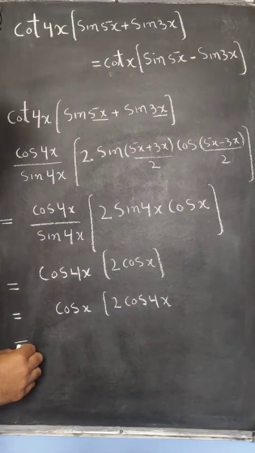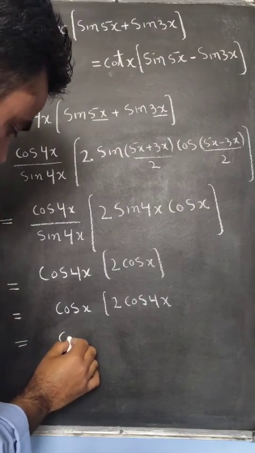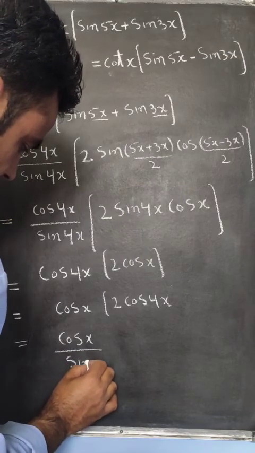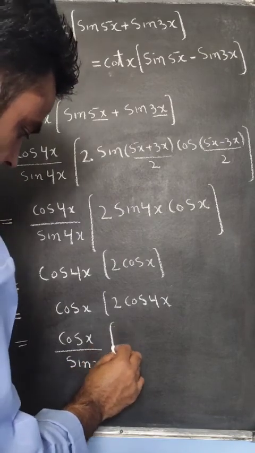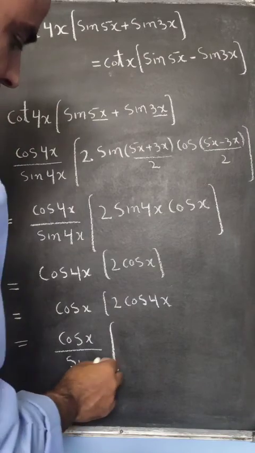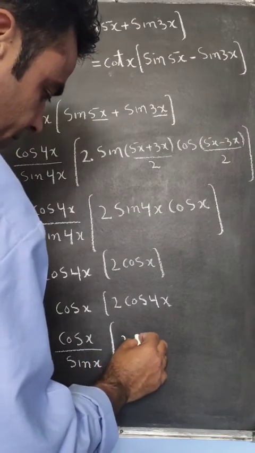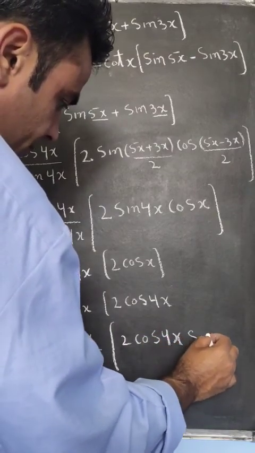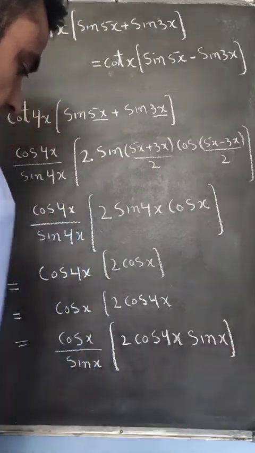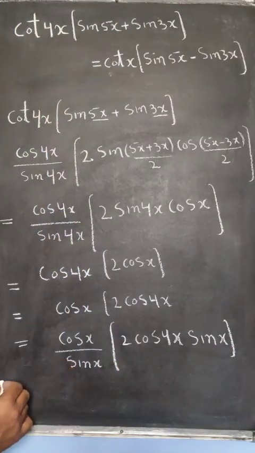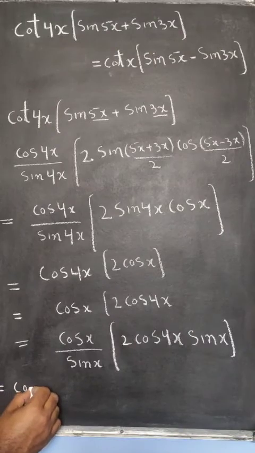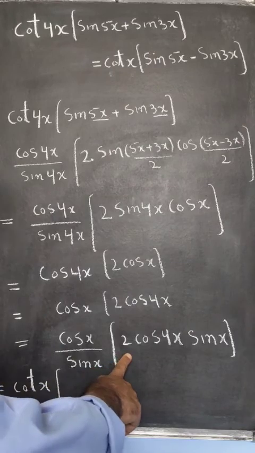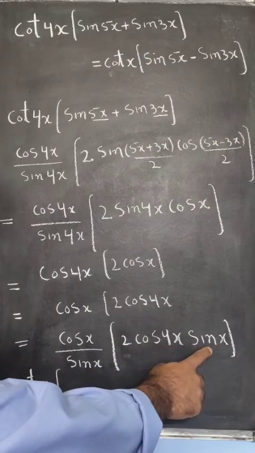So we divide here by sine so that cos x by sin x will become cot x. Now we have divided by sin x, so we multiply by sin x, cos of 4x into sin x. Now cos x by sin x, that is cot x, and it is twice cos 4x sin x.